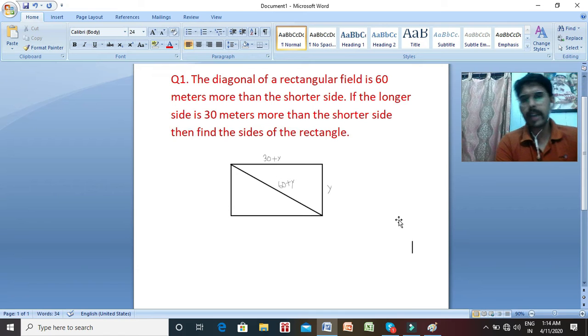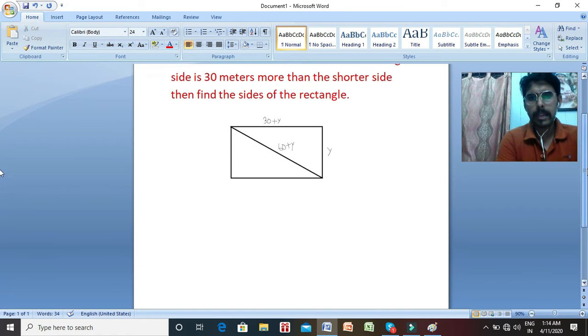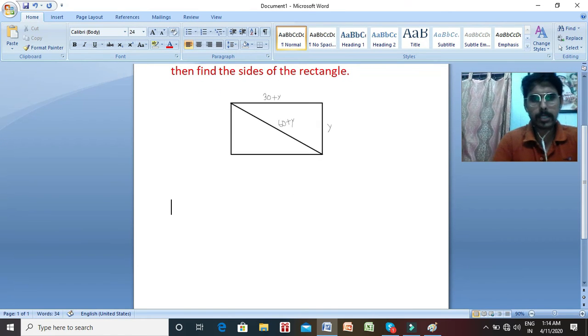This is the diagram that we have. So let us do the answers now.